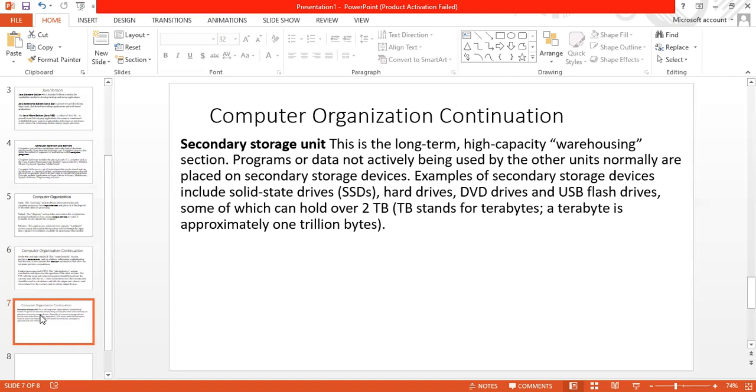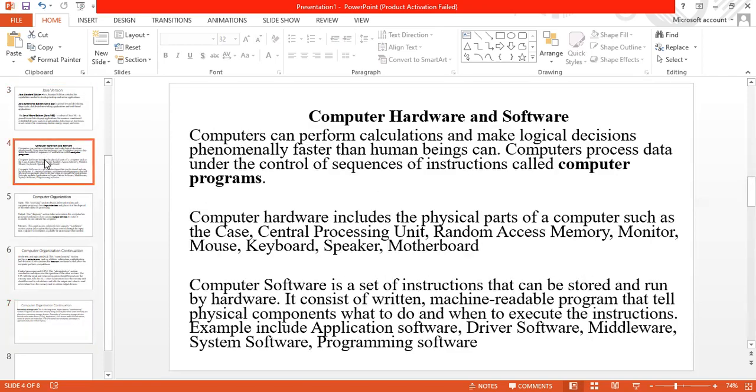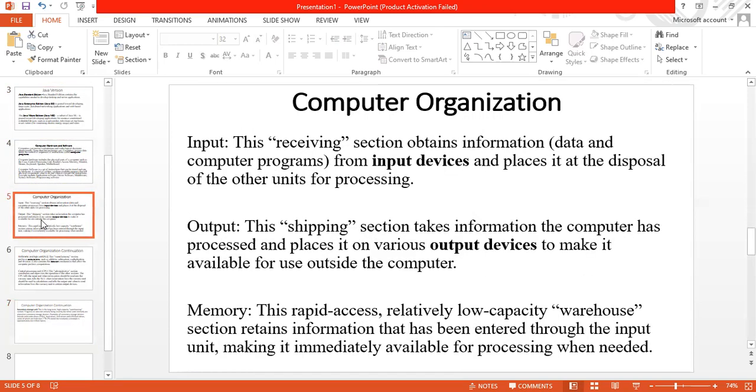So, in summary, to everything I've said concerning the computer organization, I talked about the input, which I call the receiving section. They help us to obtain information.